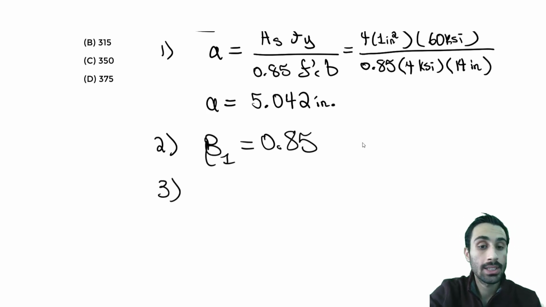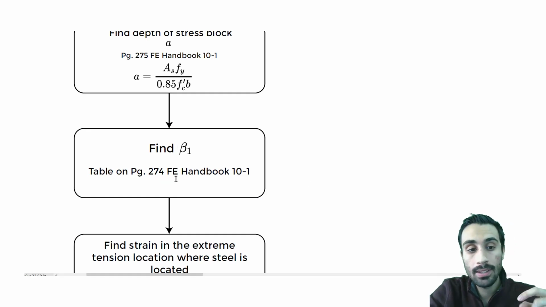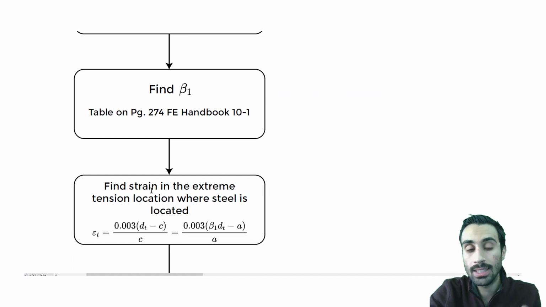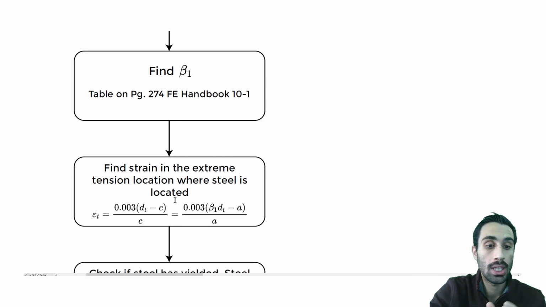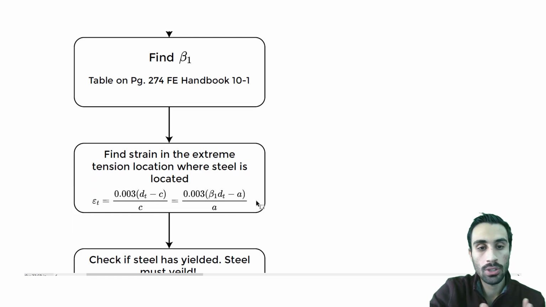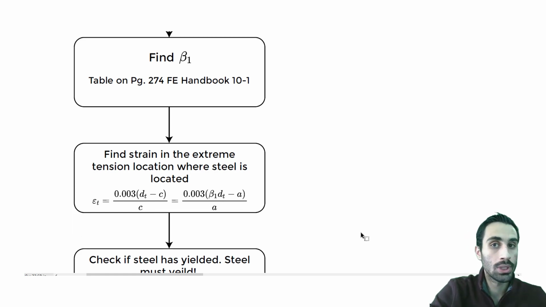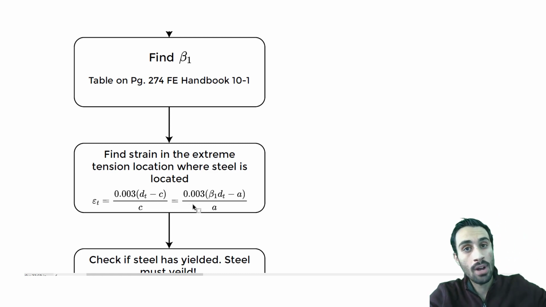Now, let's go to the next step. After beta, we want to find the strain in the steel at the extreme tension where the steel is located. We can use this equation or this equation. Which one would you use to save time? We found beta, we have dt, we have A, right? Or you could use this one, but you have to find C first. How would you find C?